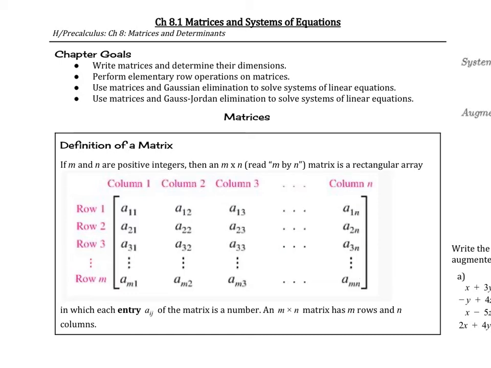Another thing to know is that if we say A23, this refers to the second row and the third column. So in Aij, i refers to the row and j refers to the column.